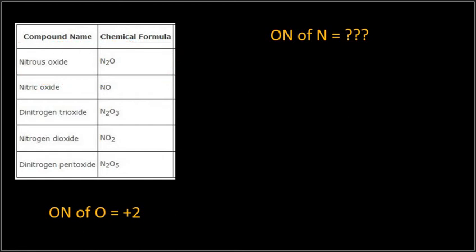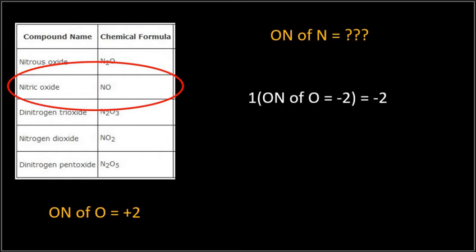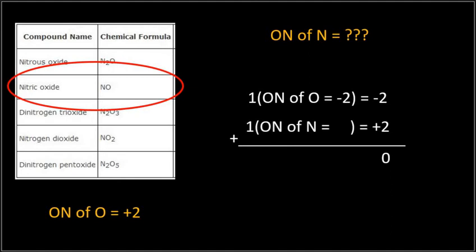Okay, so what happens if we have nitric oxide, NO? Oxygen is the same. It is a -2 in spite of what it says on the left side. And we know that we have 1 of them. We know it needs to sum up to 0 when we add them together. And we also know that we have 1 nitrogen in this case.